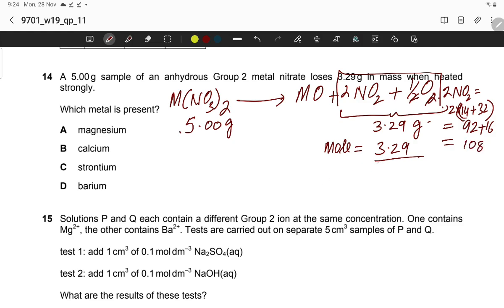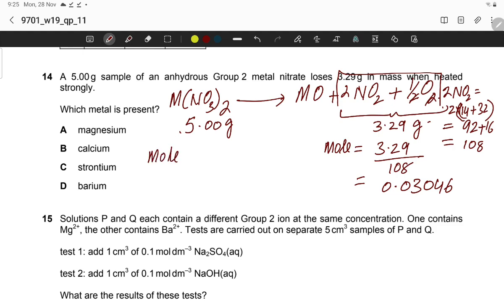The moles are mass over Mr of gases, which is 3.29 divided by 108, equal to 0.03046 moles. Now we have the moles of gases.